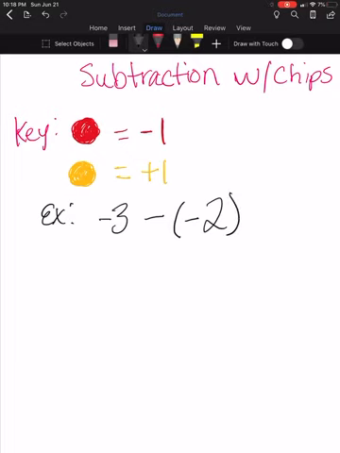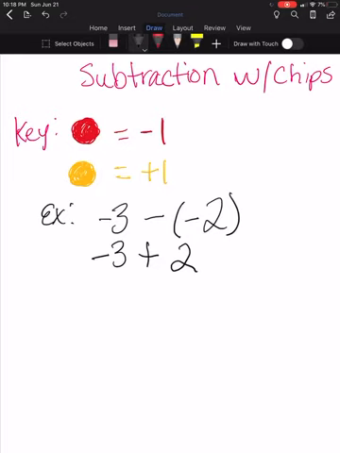Alright? Same thing. I don't want to do subtraction, so I'm going to make it into addition. So you do keep, change, change. Keep my first number, negative 3. Change my operation to plus, because that's subtraction. You do opposite. And if that's a negative 2, it becomes what? Positive 2. So it ends up becoming negative 3 plus 2.